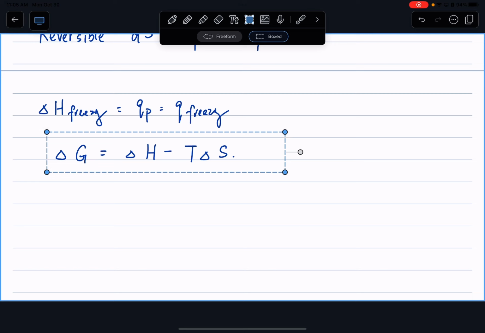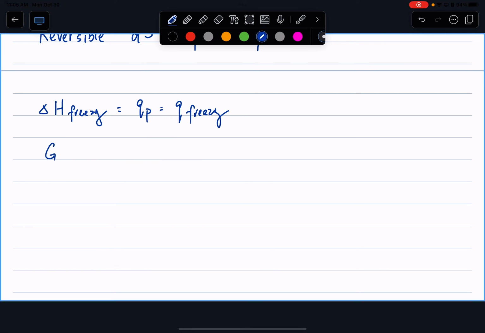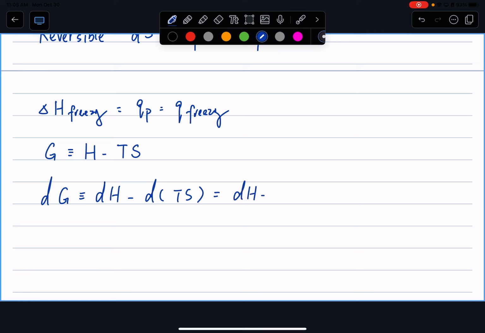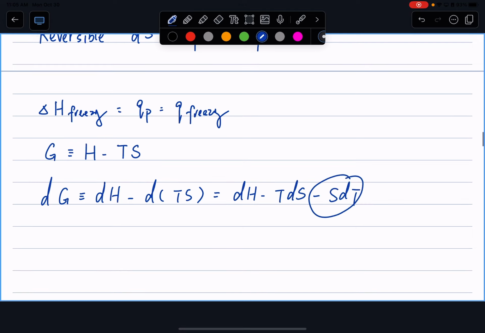Actually, let me not skip any steps. We have G by definition equals H minus TS, right? So dG by definition equals dH minus d(TS), and you can rewrite this as dH minus TdS minus SdT. Here, this term goes to 0 at constant T. So we have dG equals dH minus TdS.